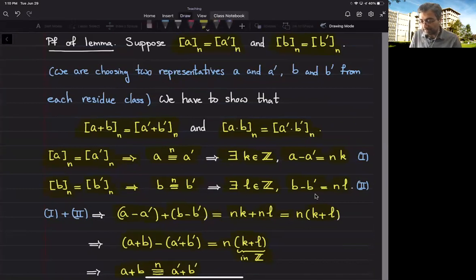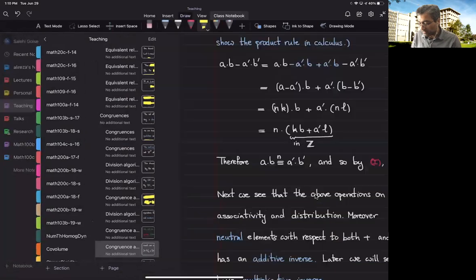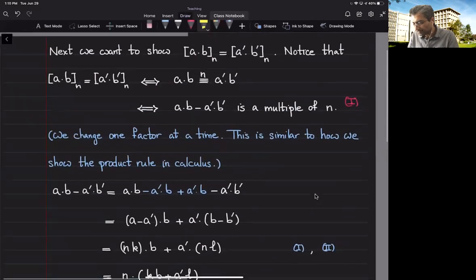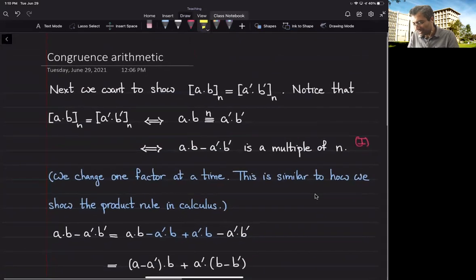So let's see. Here there is an old trick that can help us to prove it: introducing a middleman. So again, we want to show that the mod n residue class of A times B is the same as the mod n residue class of A prime times B prime.